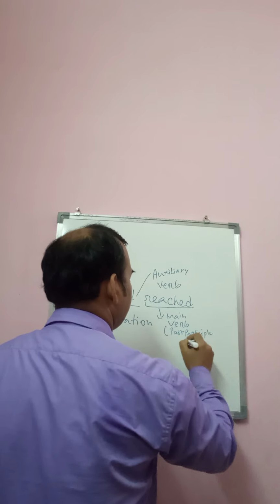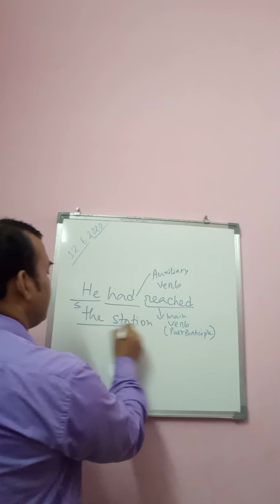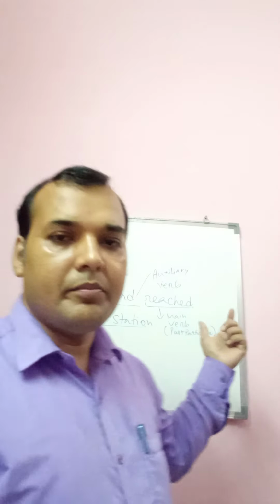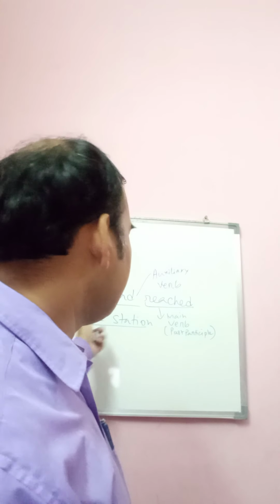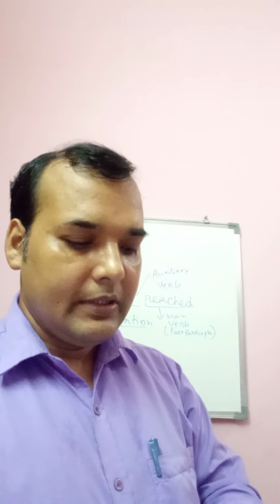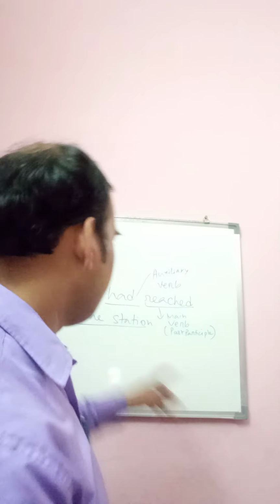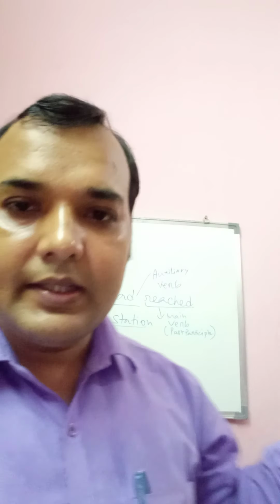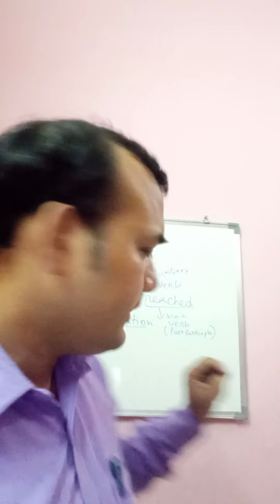Then the station is the completion of the sentence. Here we can say it is an extension of the verb. It is not the object as we find in some other sentences. So here it is not the whole sentence. We have to add the simple past along with it.